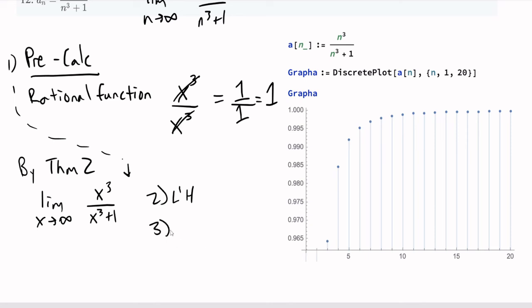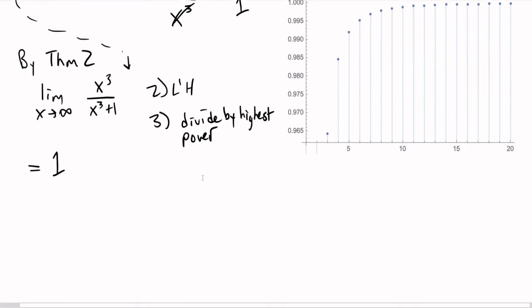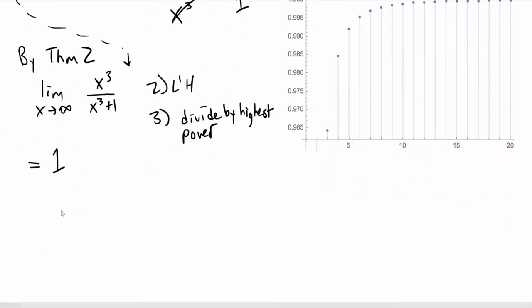You have that method of divide by the highest power. Maybe you remember that, maybe you don't. x cubed is the highest power here, so divide everything inside the limit by x cubed. Do cancellation, see what happens. In any scenario that you do these, you're going to end up with this limit equaling 1. And so by theorem 2, if this limit equals 1, then the original limit equals 1.